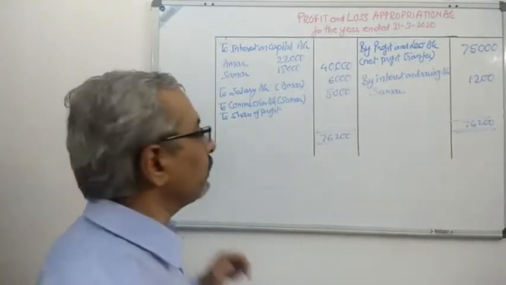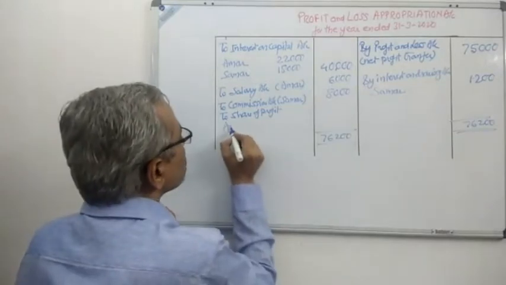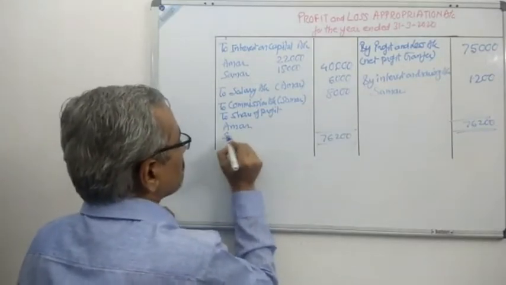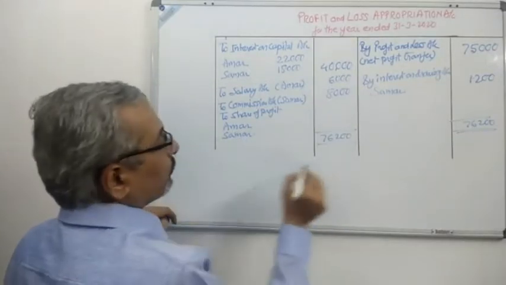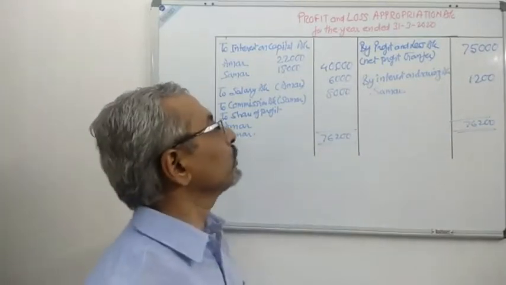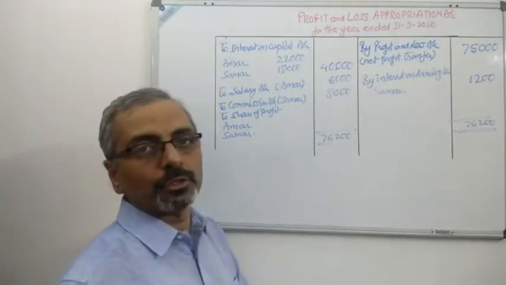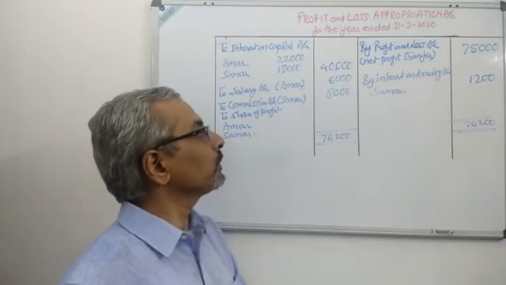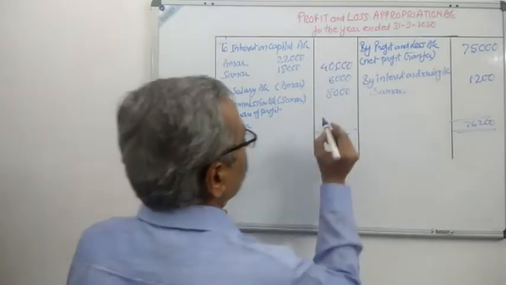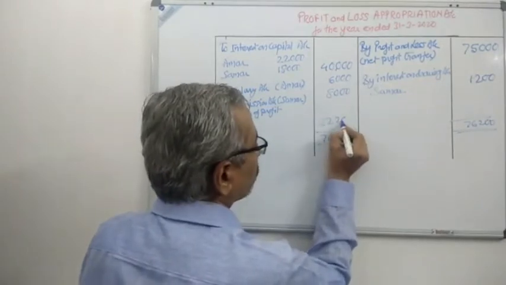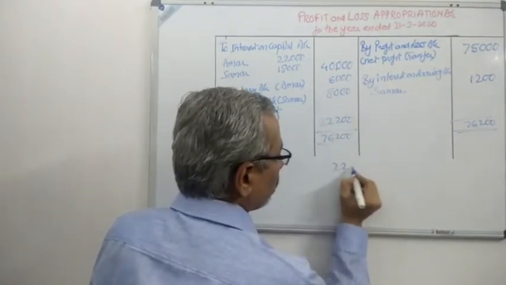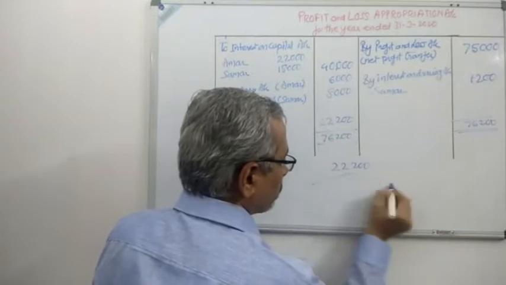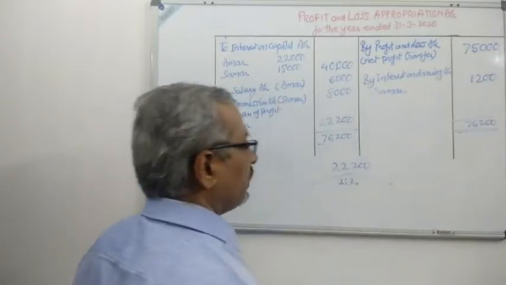to capital account, and there are two partners, which is Amar and Samar. And if you see over here, 76,200 minus 40,000 gives you 36,200, minus 6,000 gives you 30,200, minus 8,000 gives us a profit of 22,200. So this 22,200 is the profit which will be distributed in the ratio of 3:2.